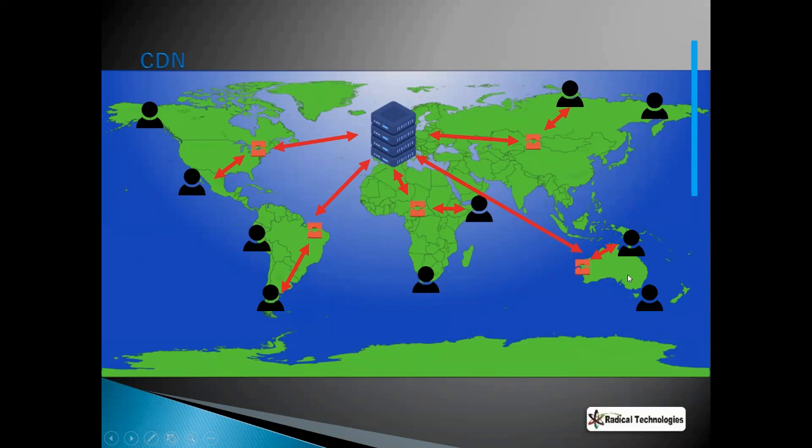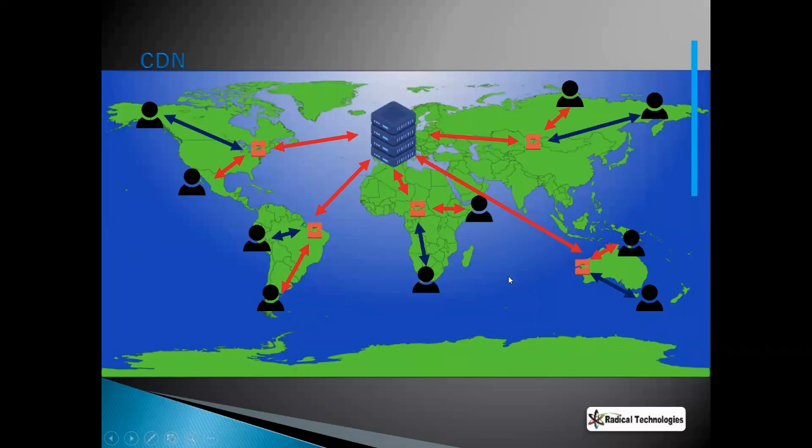So when a new request comes from a different user, the new user will go to this local server, and because the website is cached here, this nearby server will return the content of the website directly instead of going to the main server.